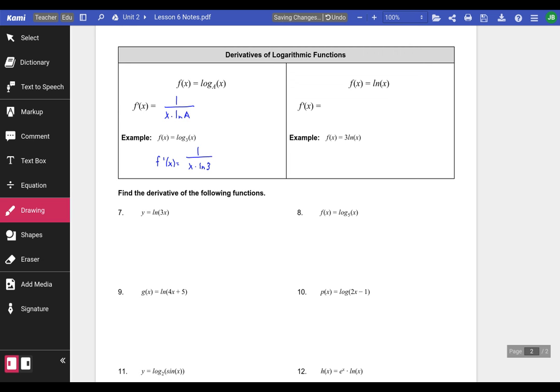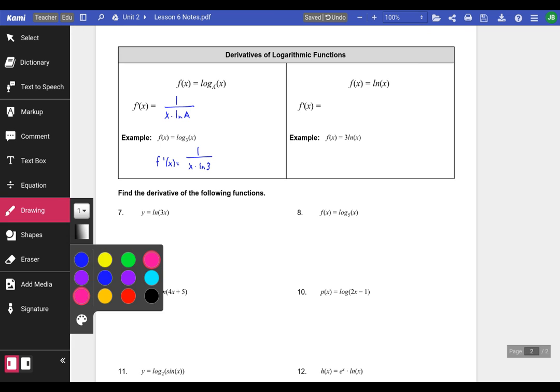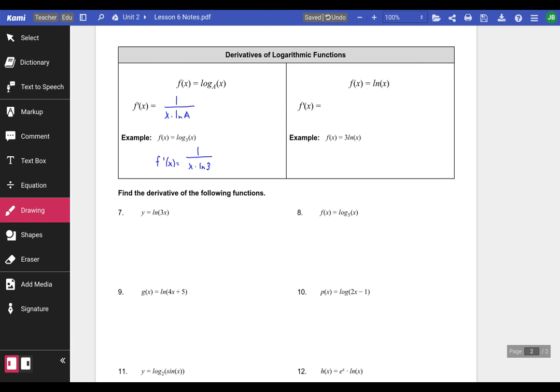So now we have f of x equals natural log of x. And again, this is a specific case of our first rule. In this case, natural log is just log base e of x. Let me write that a little differently so it's clearer. So this is equal to log base e of x.